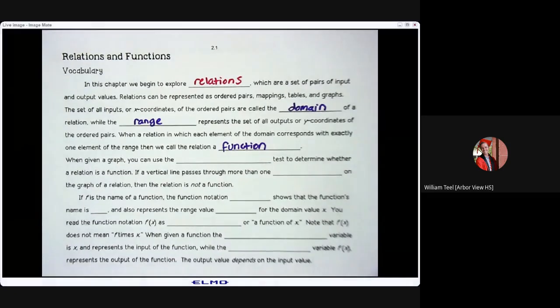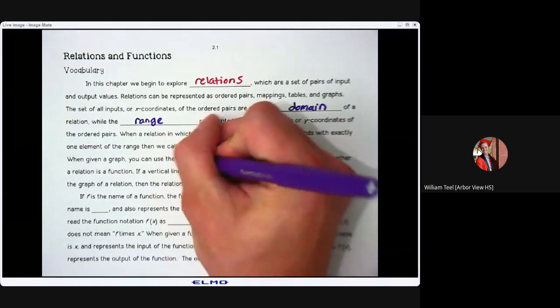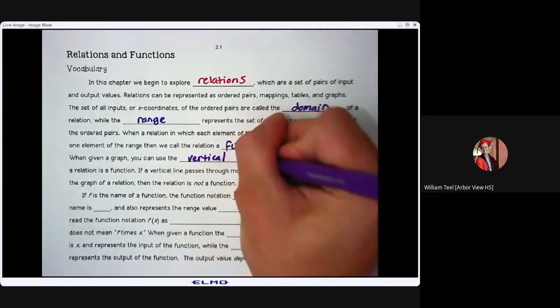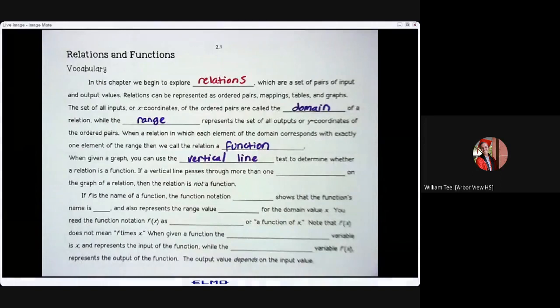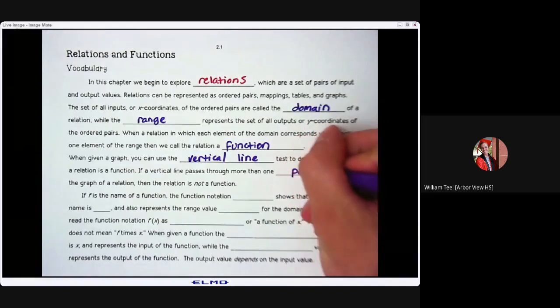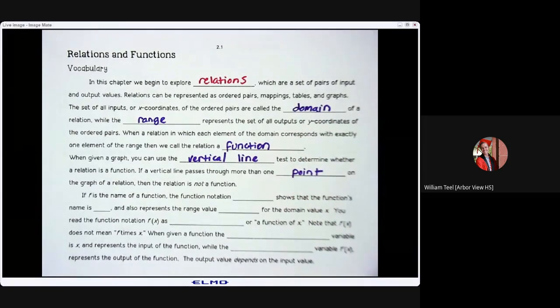Now, when we're given a graph, we can use the vertical line test. This test helps us determine whether a relation is a function. If a vertical line passes through more than one point on the graph of a relation, then the relation is not a function.